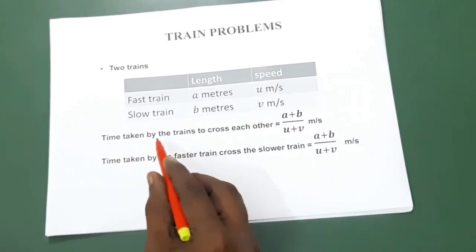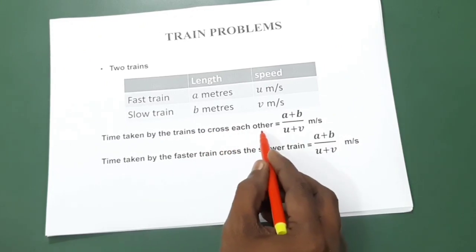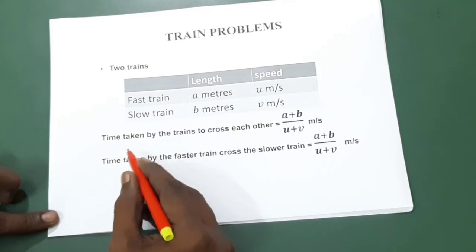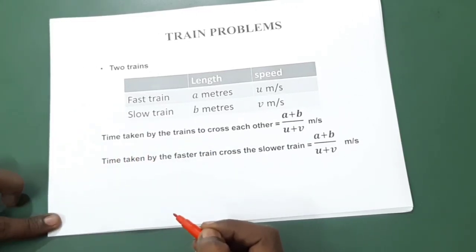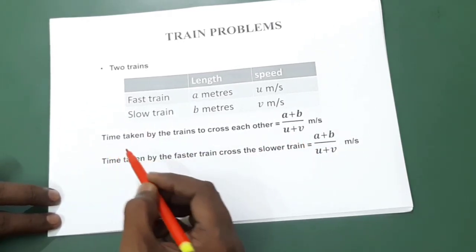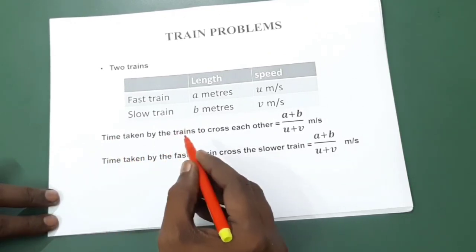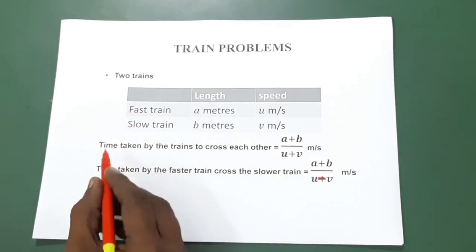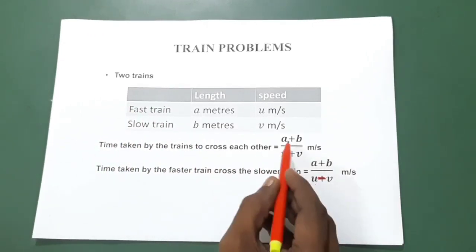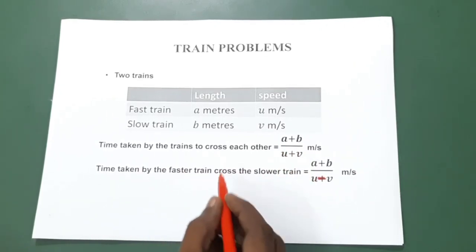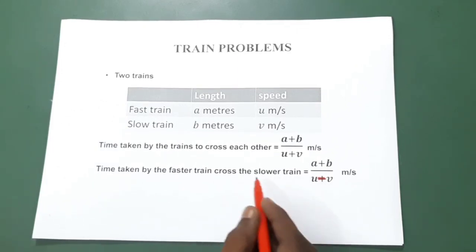The time taken by the trains to cross each other is (A plus B) divided by (u plus v). Time taken by the fastest train to cross this slower train.